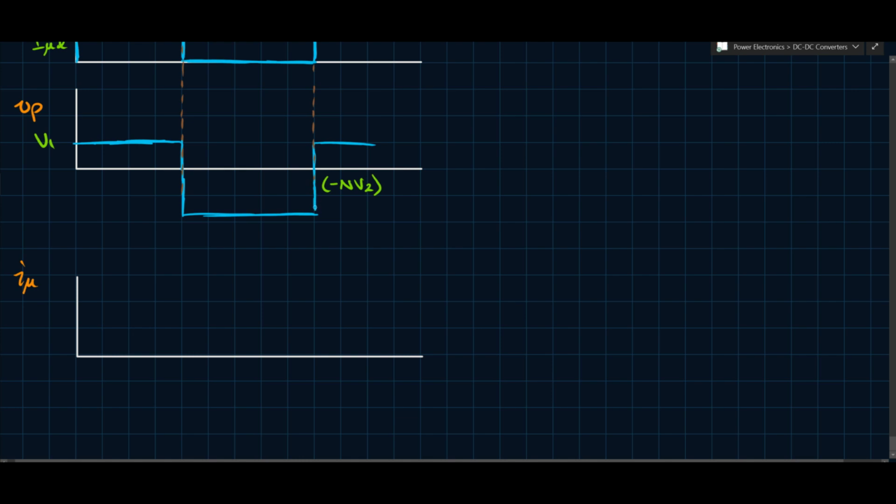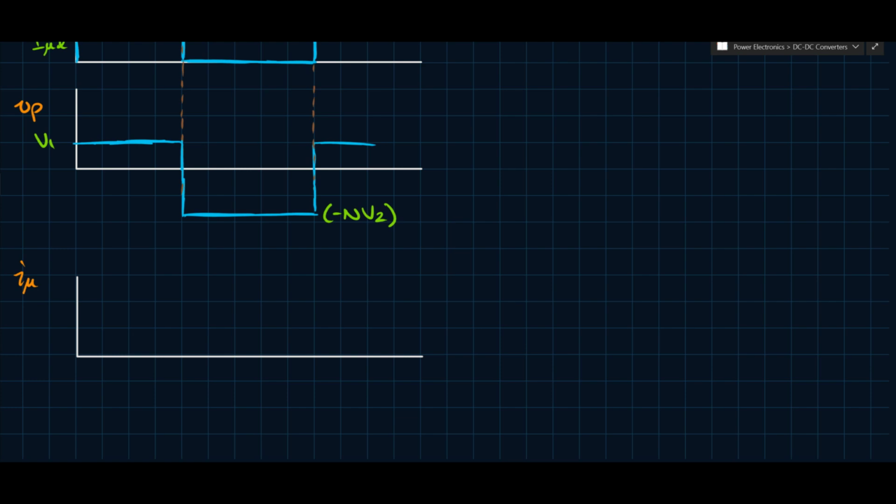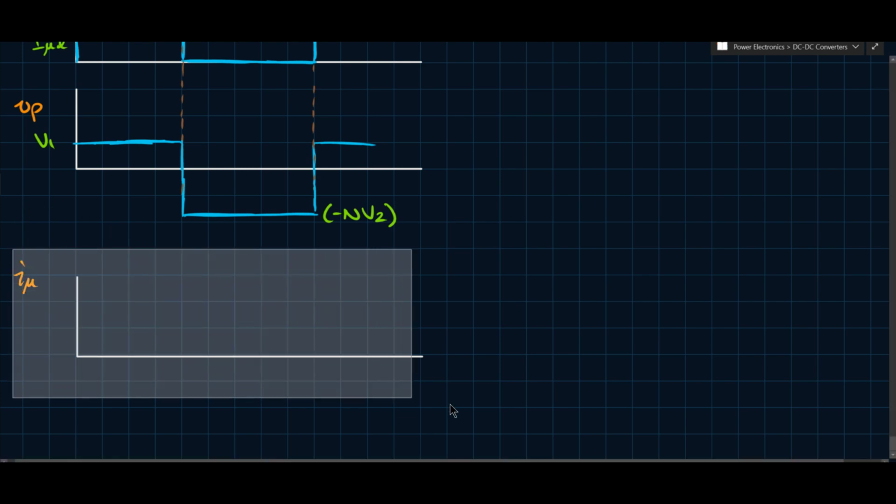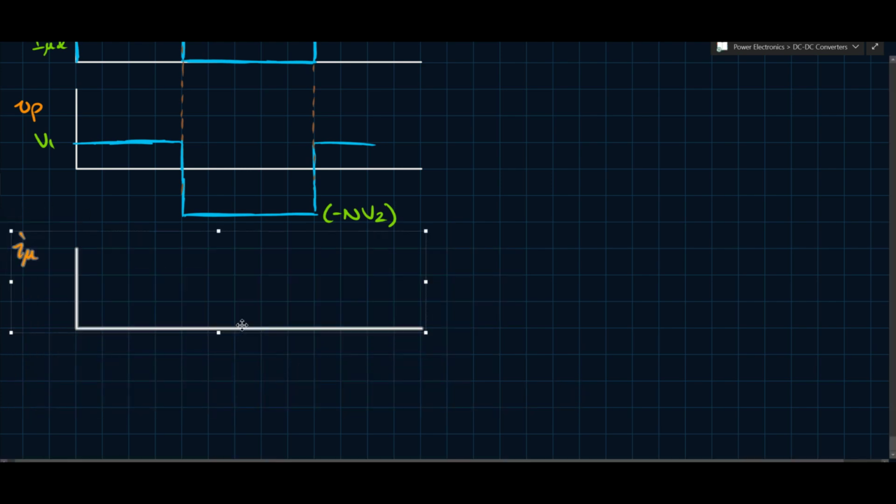It should be in the same order. It shouldn't be so much smaller or bigger. It all depends on what the turns ratio is, but in a case like this, you can imagine that NV2 is larger than V1. So why don't we call this minus NV2? Okay, and maybe this has gone too far down now, so why don't we shift this up?